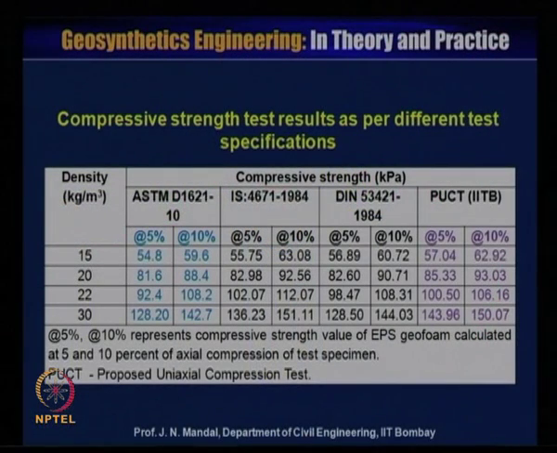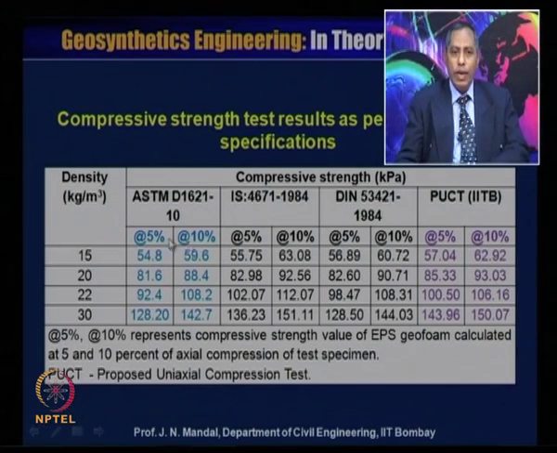You can see as per ASTM D1621, IS 4671 1984, DIN 53421 1984 and PUCT IIT Bombay, this is the proposed. So, you can see for different densities what the compressive strength will be at 5% and 10% for all specifications.